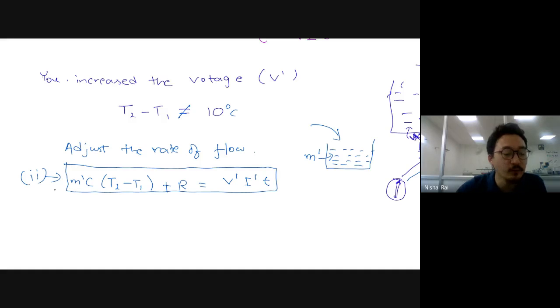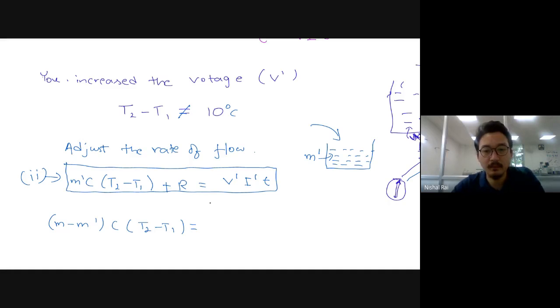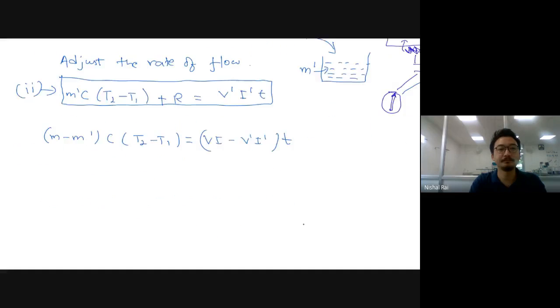So subtracting 1 and 2, what you will get? (M minus M prime) C (T2 minus T1), plus this R will go away, this R will subtract, equal to VI minus V prime I prime times T. Is this clear?